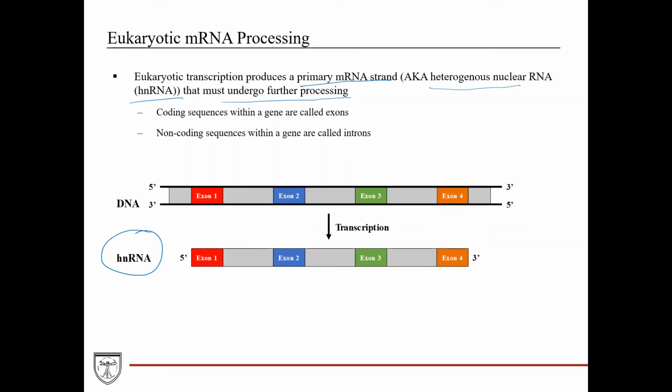The reason for that is that, unlike the prokaryotic RNA, which is fully ready to undergo translation, there are coding sequences called exons and non-coding sequences called introns, which are shown in gray. So you need to splice out these introns and then connect the exons together into a sequence that's ready for translation. And you'll see why that's important in a few slides.